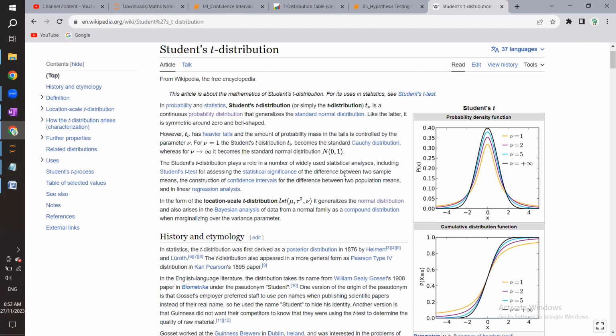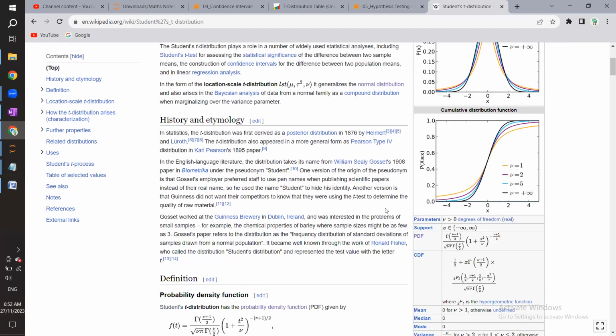But he said that if you don't have enough number of samples, in that scenario you can use a distribution called the t-distribution, which is very similar to the normal distribution. But it depends upon the number of samples you are considering.